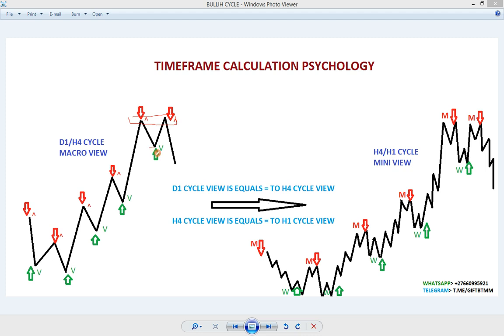You have a dealer break the apex on H4. When you switch to H1, in H1 it will look like this. This is the first leg, and then you have the apex, and then you have the second leg peak. This is how it looks.